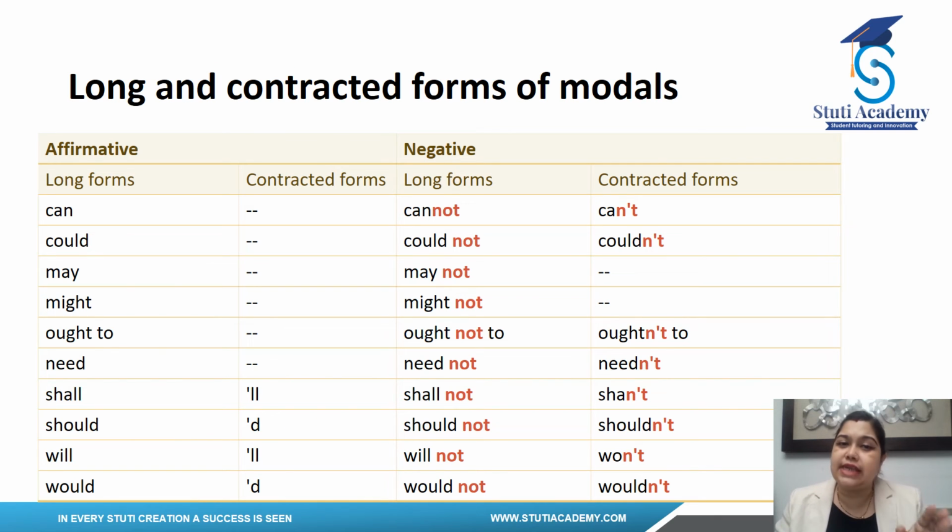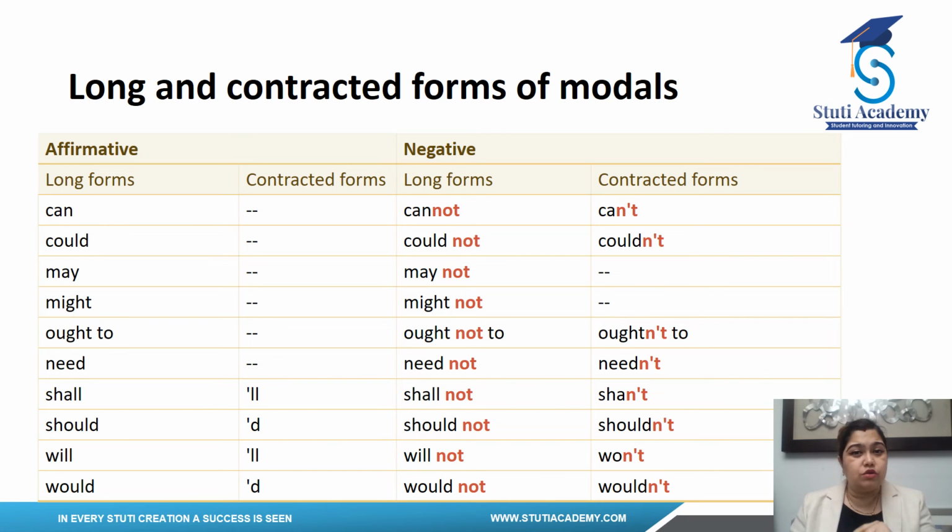So will not is a negative form, but it has a contracted form. Won't. I will not read the book. I won't read the book. Same meanings, but a contracted form. Would. Now again, D. If you look again here, should and would, the contracted forms in the affirmative are the same. He would go out with me.